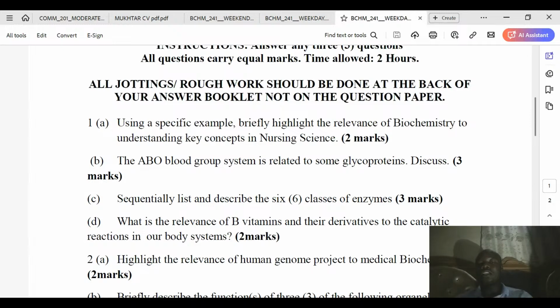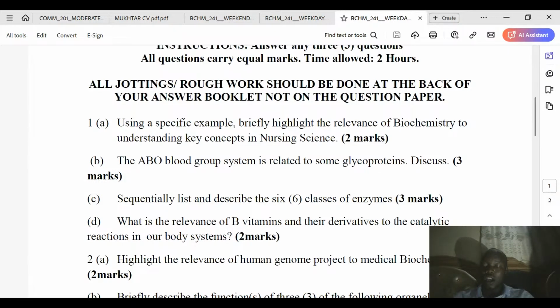While in the case of blood group O, there is no N-acetylgalactosamine and no galactose. That is why they have blood group O. So is that clear now?